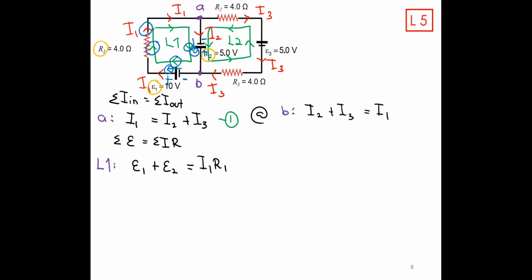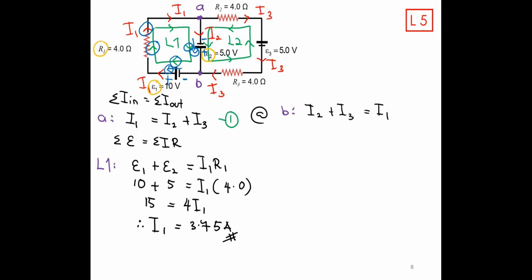Then you can substitute all the values. 10 plus 5 equals I1 times R1, which is 4.0. Simplify it: 15 equals 4 I1. So you can find your I1. The answer is 3.75 ampere. Okay, settle for I1.